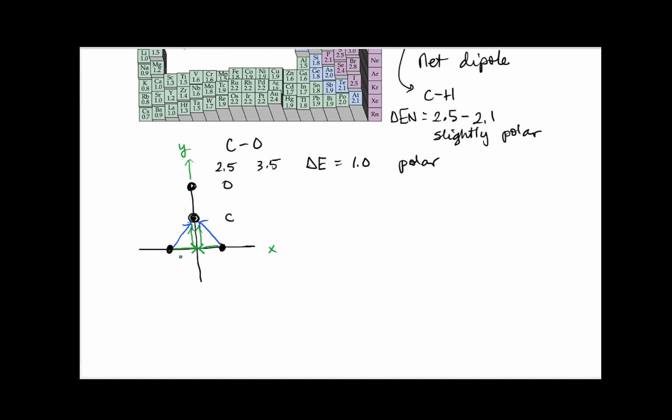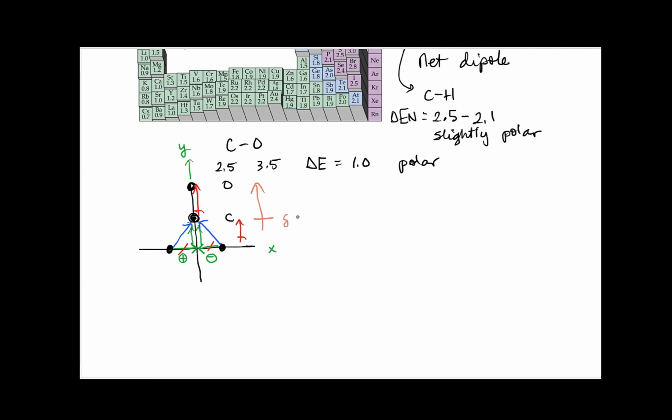So I can see that the two portions along the x-axis are, one of them is going in a positive direction, the other one is going in the negative direction, and so these two parts are kind of just going to cancel each other out. So the net direction of the dipole at this part of the molecule is going to be in the upward direction. And then from my carbon and my oxygen, this part of the dipole, this polar bond, is all in the same direction. So my total dipole, which is going to happen for the whole molecule, is going to just be in this same direction, heading along this y-axis symmetry point.